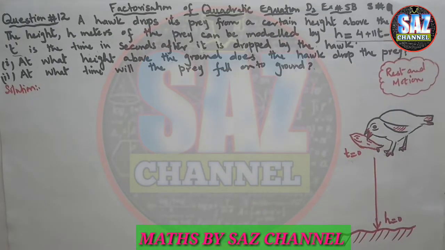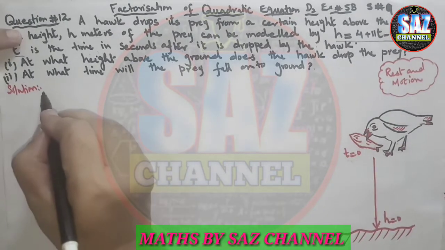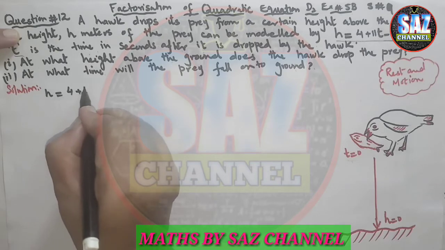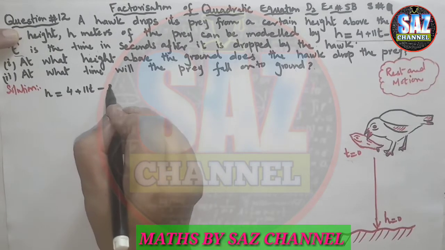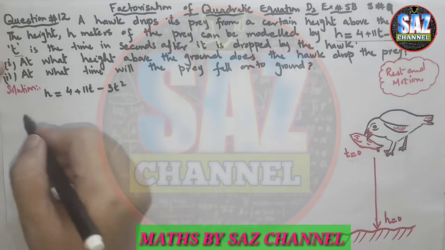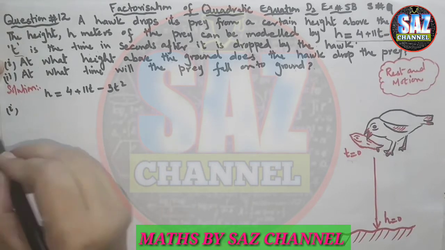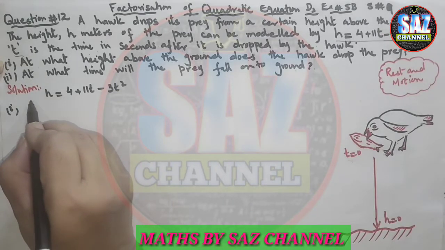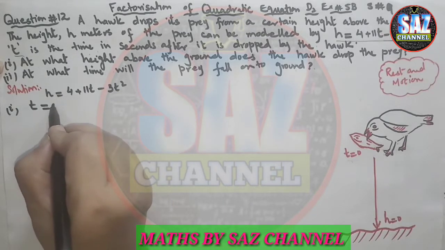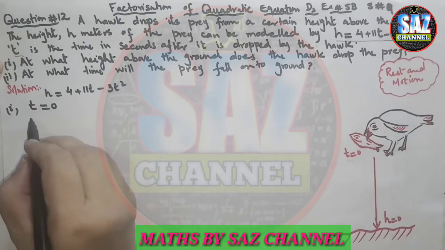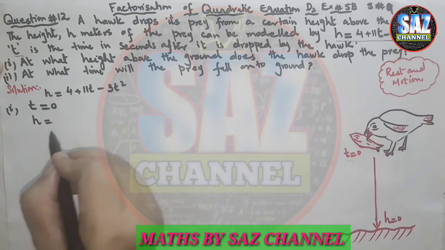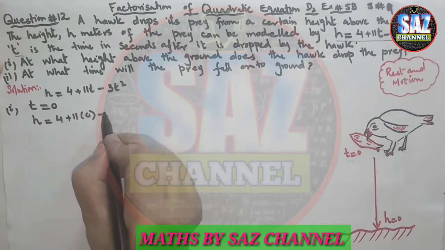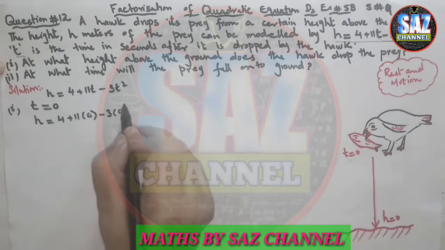Let's move to the solution of the question. The equation is h equals 4 plus 11t minus 3t squared. In order to find the height above the ground at which the hawk drops the prey, we have to replace t equals 0 in the given equation, and the height will become h equals 4 plus 11 into 0 minus 3 into 0 squared.